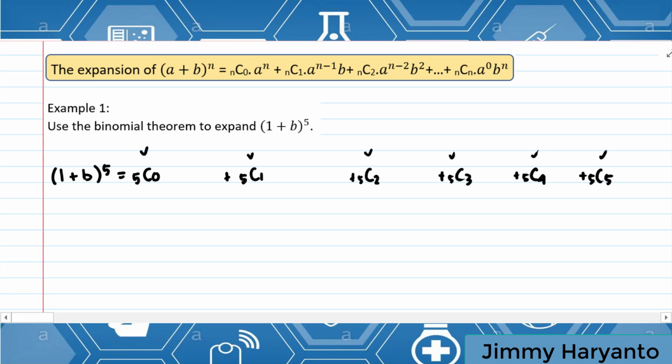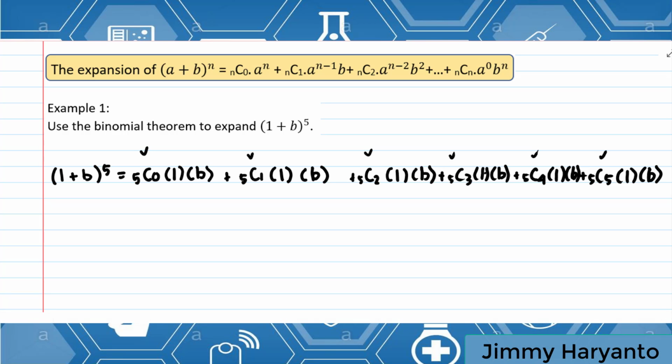If the power is 5, we have 6 terms. After that, we write the terms, which are 1 and b, for each of the terms. 1 and b, this one also 1 and b, this one also, and this one also.